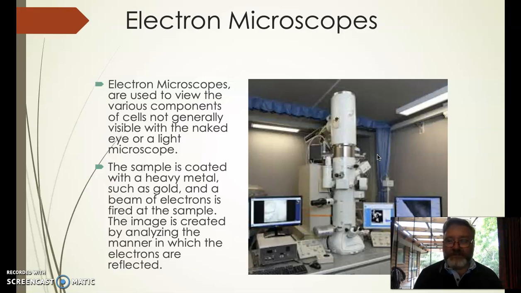So you're not getting a direct image, but an image that can be analysed and recreated as the structure that you're seeing. That's allowed us to see ribosomes and endoplasmic reticulum and mitochondria and chloroplasts in great detail and start to understand how they go about doing their work. So that's our first little session, and I'll see you soon in another one.